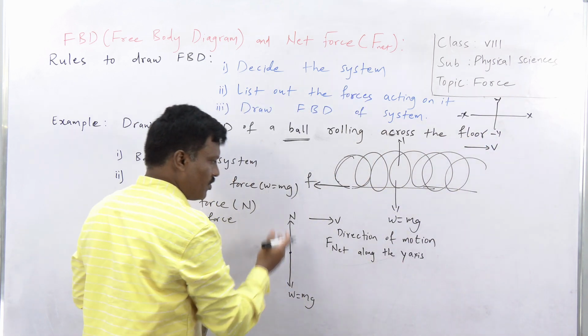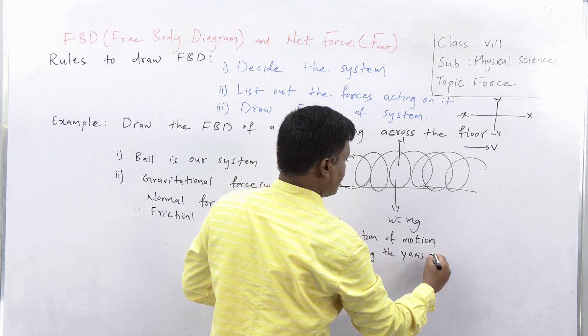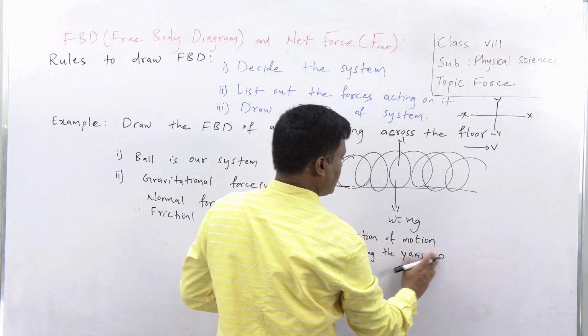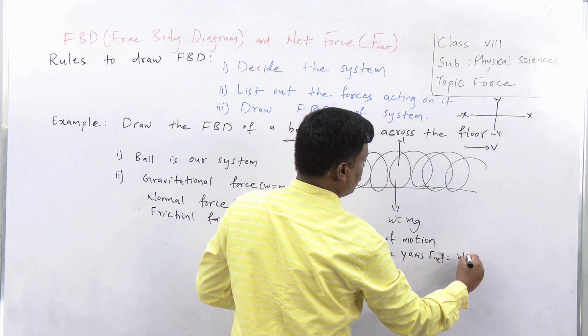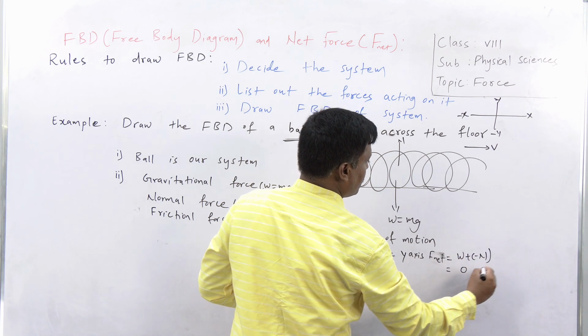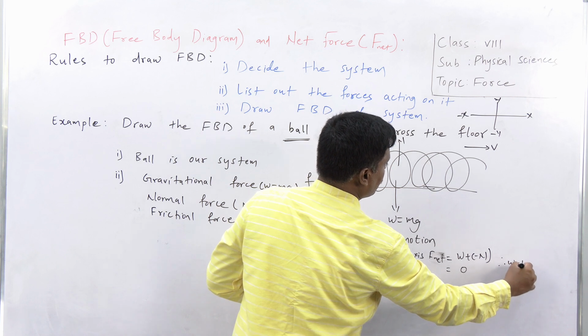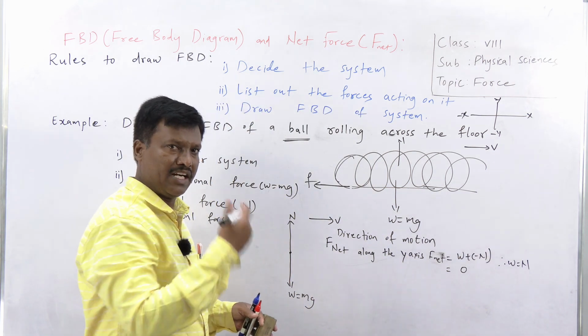Here vertically 2 forces are balanced. So net force along the y-axis is 0 because net force is equal to W minus N. Both are the same since gravitational force equals normal force. That force acting on it is 0 in the vertical direction.